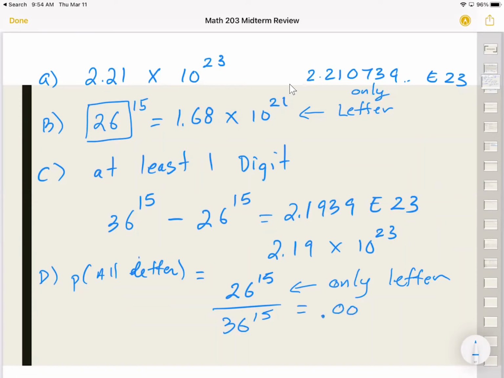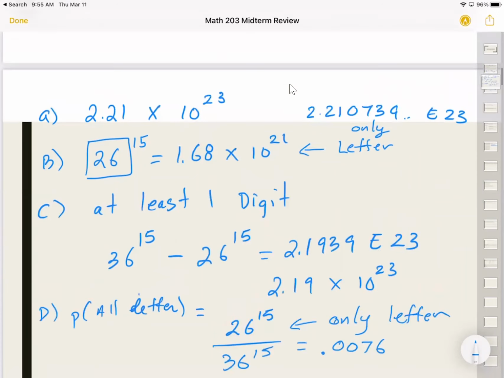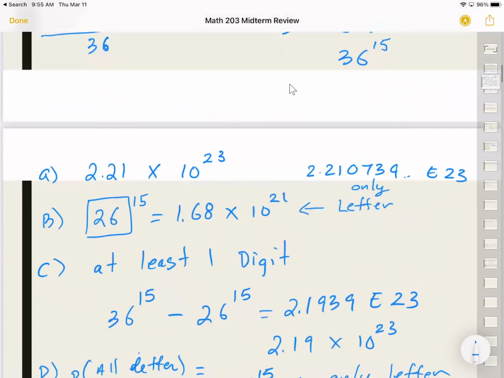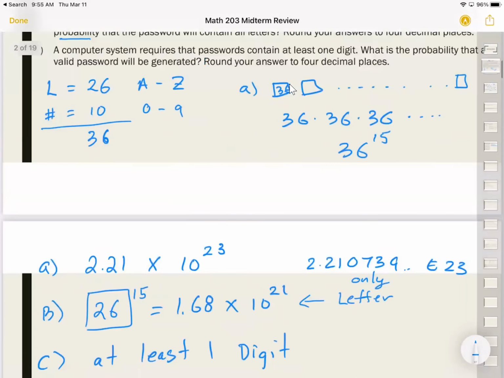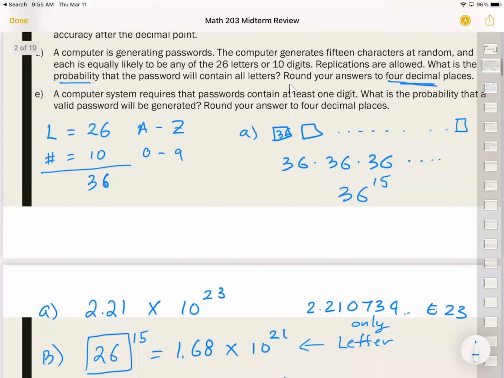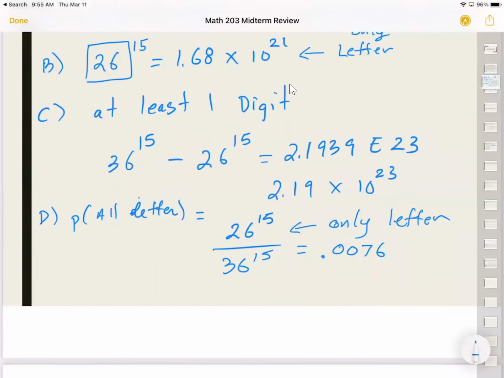I think they asked you for 4 decimal places. Do you agree that if you divide this out to 4 decimal places, you get 0.0076? If you take 26 to the 15th power, divide by 36 to the 15th, 0.0076, right?